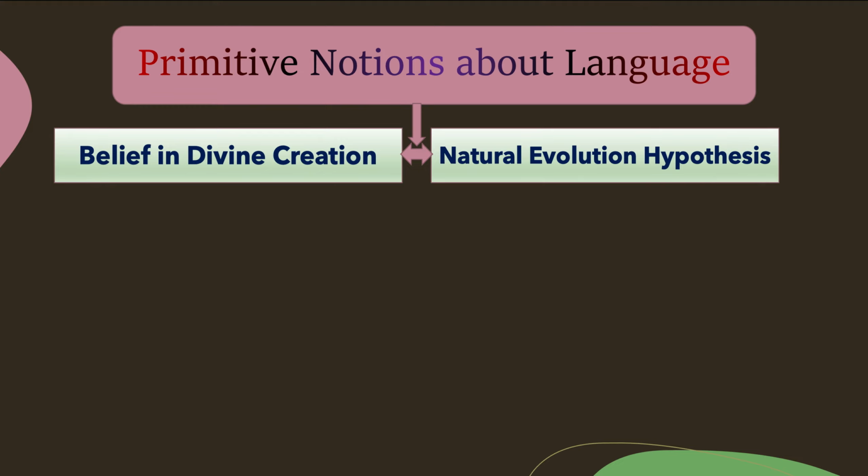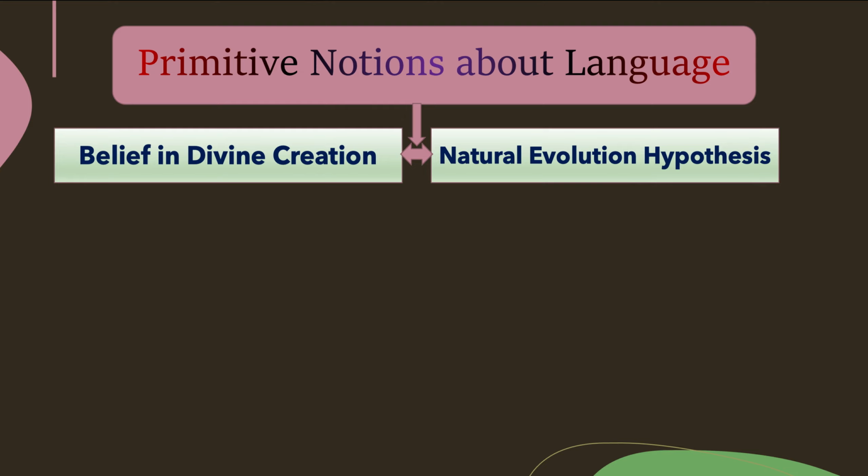Belief in divine creation means that there are people who believe that language is the creation of God. The second one, the natural evolution hypothesis, says that no, language is not the creation of God, language is an evolutionary process. So let's talk about these two different ideas about how language originated.